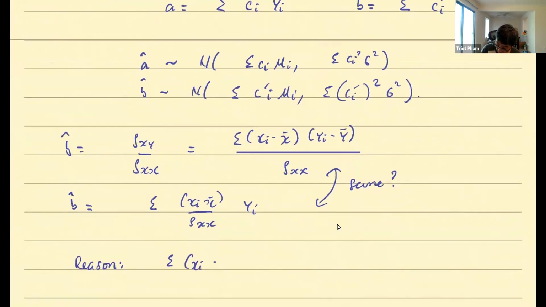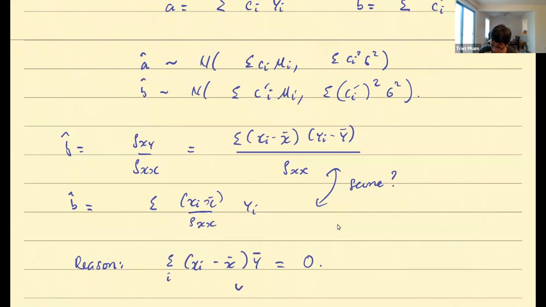Clearly, they're the same because this term is 0. Okay, and you'll be like, what in the world, how can this term be 0? Well, why is it 0? The reason, and this is an important trick, is that when you consider the sum over i, the y bar does not depend on i.